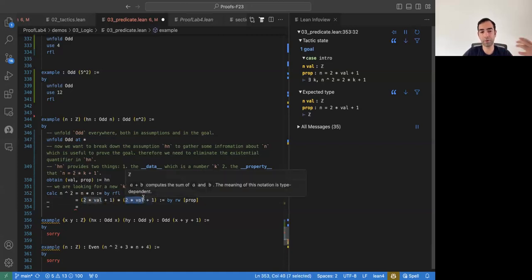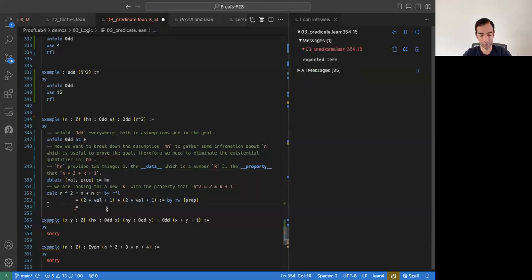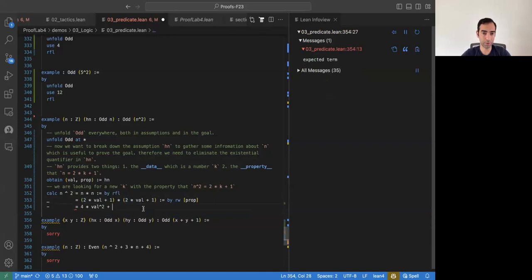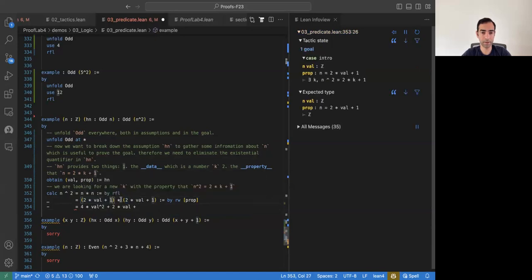So that gives me 4 times val squared. What else do I get? I get 2 times val times 1. So that's going to be 2 times val. Then I get 1 times 2.